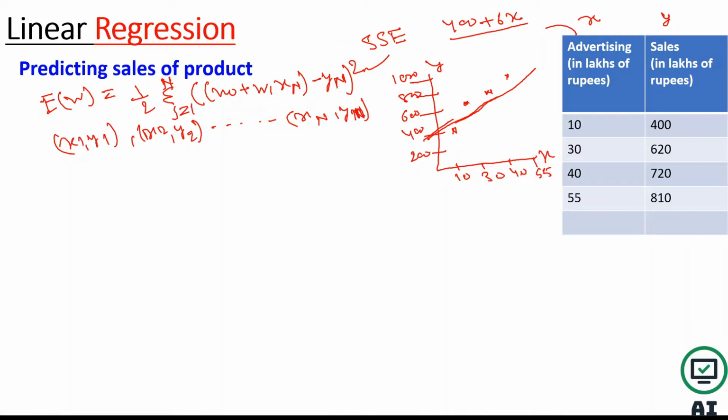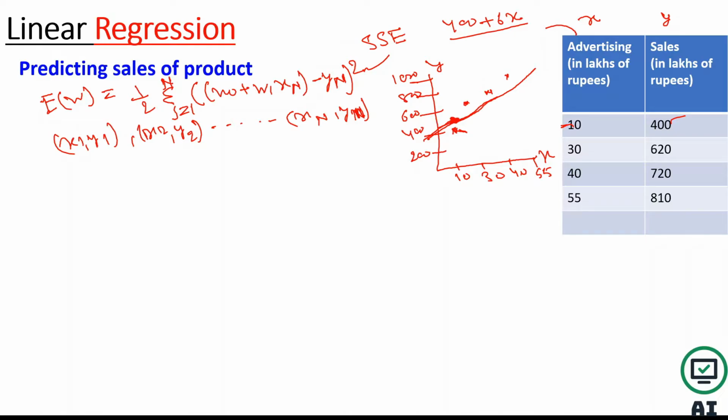So this line also gives a certain loss. The loss that we have seen for this 10 lakh of rupees in advertisement: when the money spent on advertisement is this 10 lakh, the sales that we predict is going to be this point. So the prediction is this point, whereas the training point says that sales is actually 400. So actually it is this one, and the prediction on this straight line is this point.